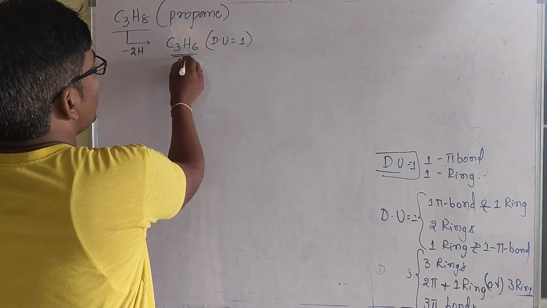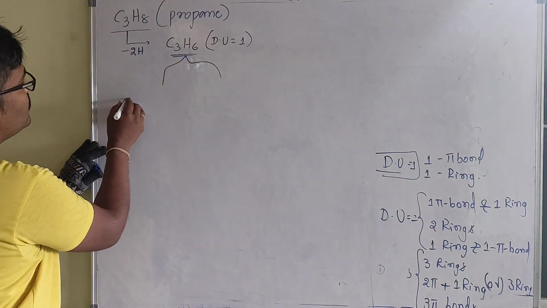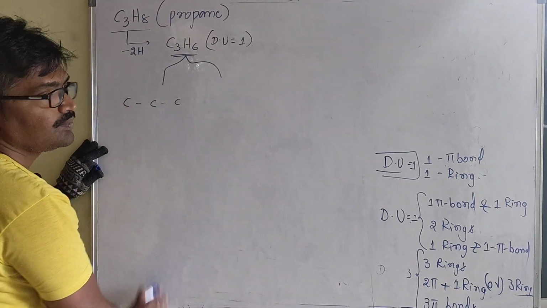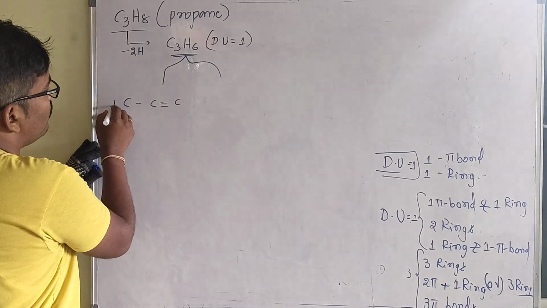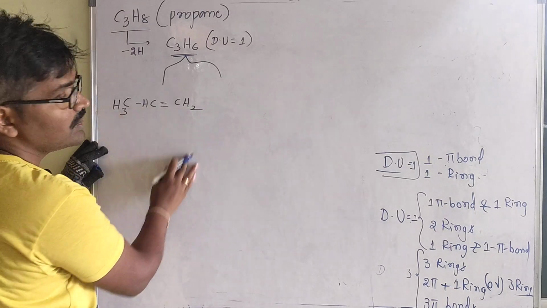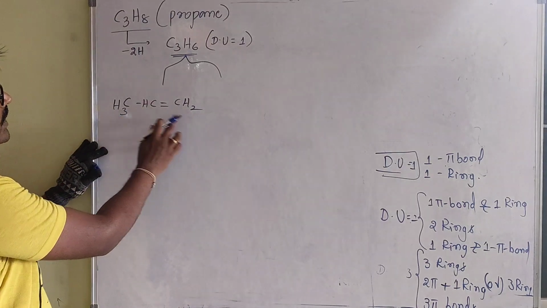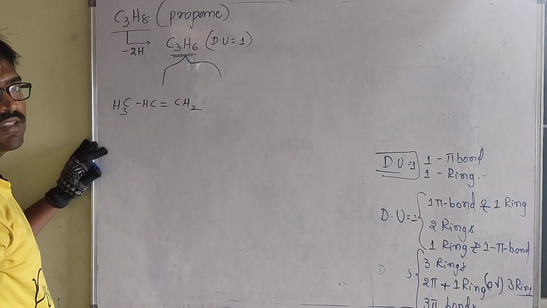So look, with the same molecular formula, C double bond C. Clear? I kept 1 pi bond. Then here what you can write? CH3, then CH, then CH2, right? Then what is the molecular formula of this? C3, H6. C3H6.